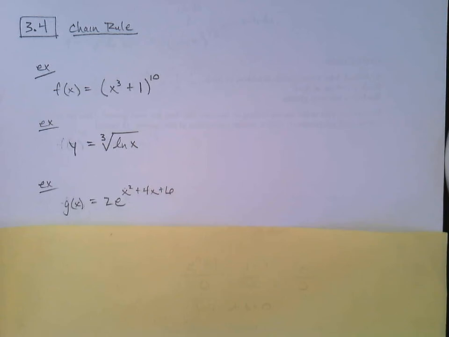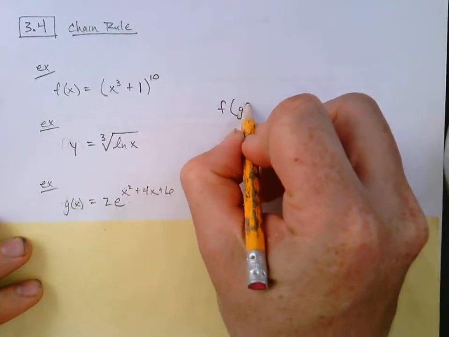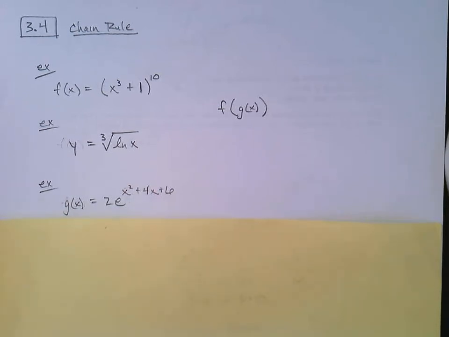Okay, so you notice, what are we really working with here? Each of these examples are composite functions. If you think back to algebra, usually we write a composite function as f of g of x. So the idea is there's one function inside of another.